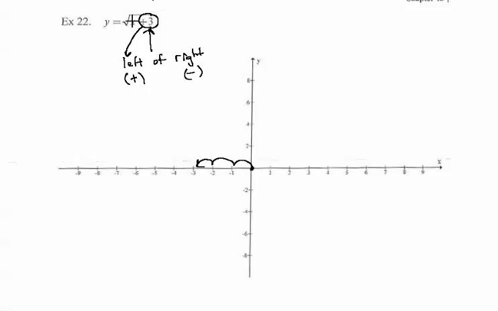So this number, when it's inside the parent function, is sort of counterintuitive. If you go to the left of the origin, you run into negative x values. Okay, but when the number is positive, you actually go to the left.